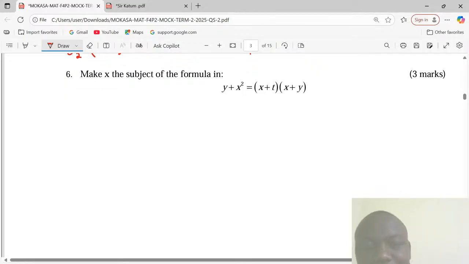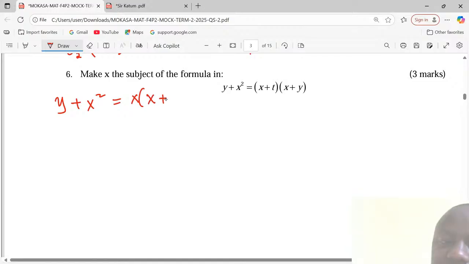Make x the subject of the formula. To make x the subject in this particular formula, we need to talk about y plus x squared equals to, we open brackets, x multiplies whatever is in the second bracket, then t also multiplies whatever is in the second bracket.